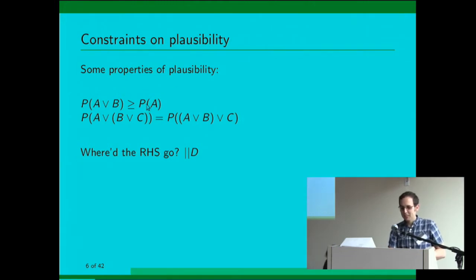As soon as instead of just one number being associated with A and with A or B, there are two numbers, you can't say that this one's greater than that one. And in the presence of uncertainty, that's the minimal thing that you can say: if I'm putting in an or, probability has to go up, or at least stay the same.